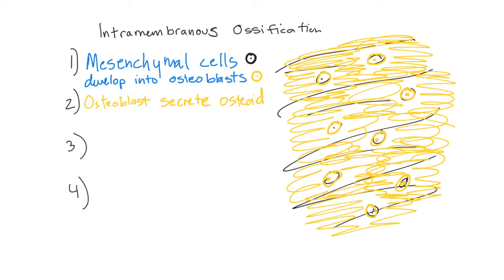But once they're surrounded by osteoid, what happens? They mature into osteocytes. So now they're all osteocytes.